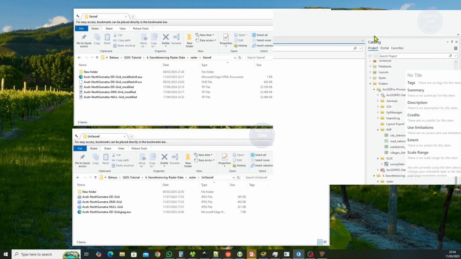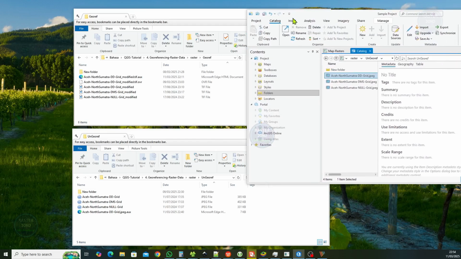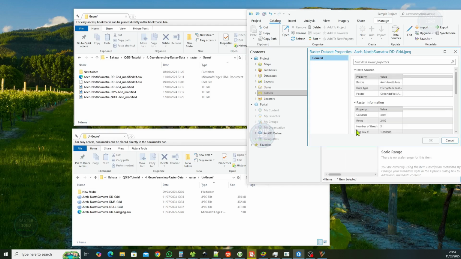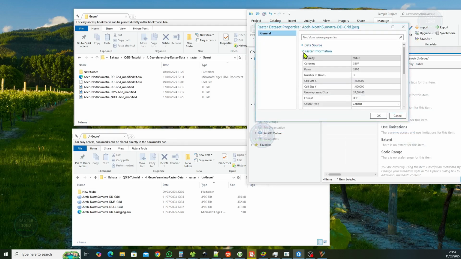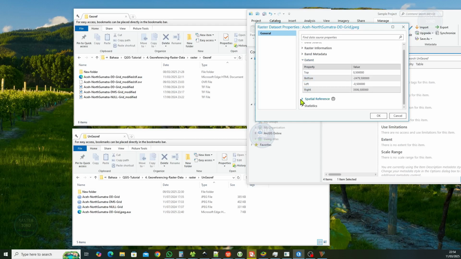Oops, I think I need to unmaximize here. And right click properties again. As I said earlier, we don't need all of these for now. For this analysis, we just need the extent and the spatial reference.